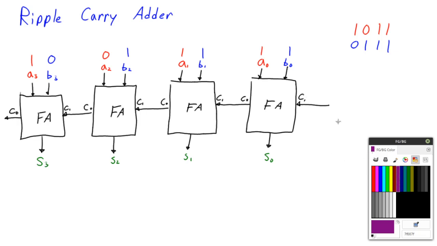So we know, based on the way we've written this, there's no carry in for this least significant bit. This is our LSB, and this is our MSB. We know we've got no carry in, or it's a 0. We could just say it's a 0. That's fine. So now we can say we've got 1 plus 1 plus 0.